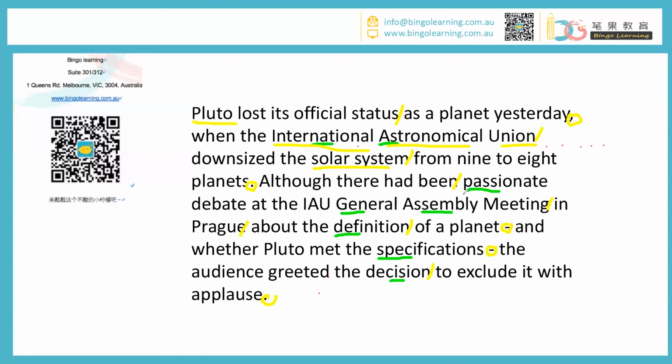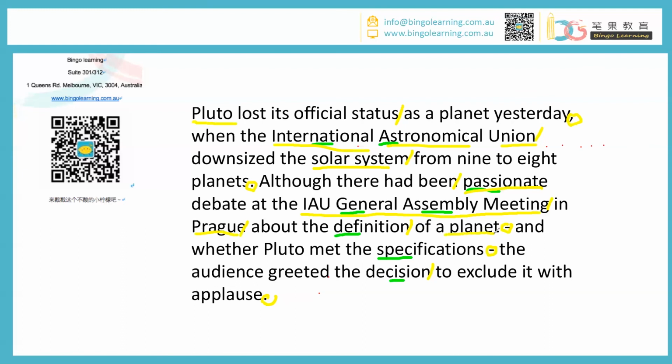Although there had been passionate debate, because the word passionate is quite a dramatic, strong adjective, that would be a useful word for us to emphasize here. Again, the IAU General Assembly meeting is the proper noun, it's the name of something, so we want to be emphasizing that as well. Prague, again, the name of a place, let's emphasize that too.